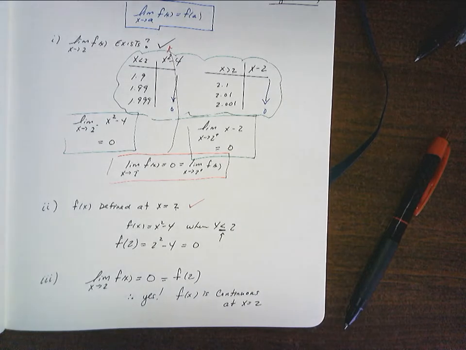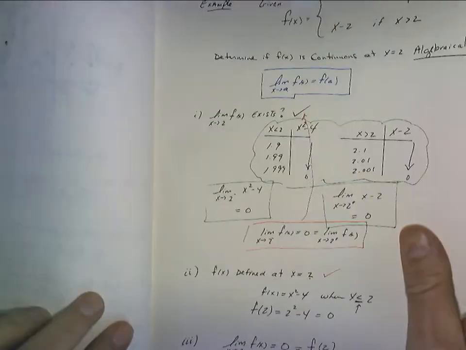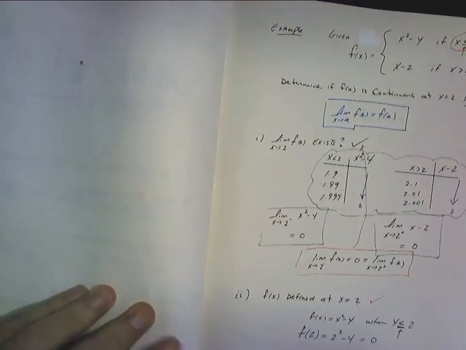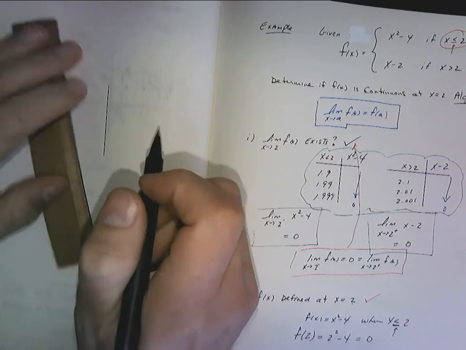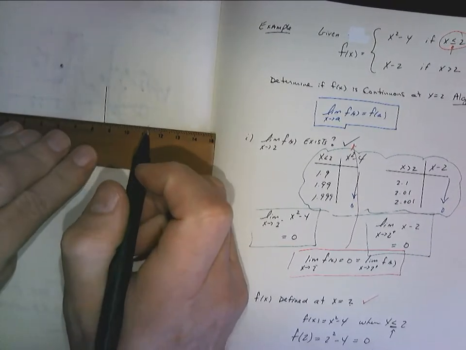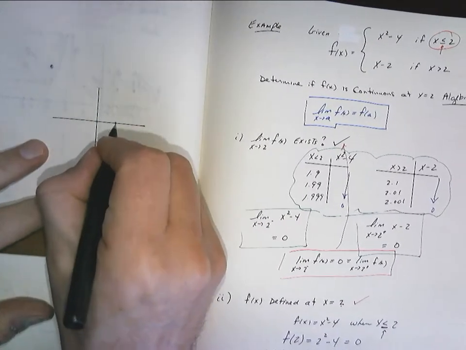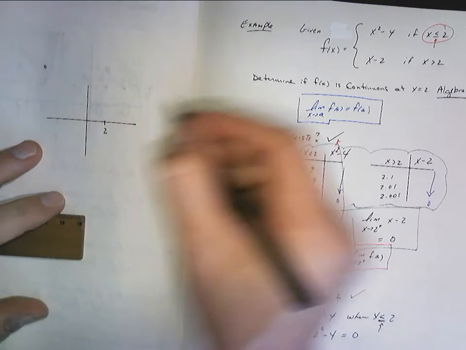And the question's probably going to ask you to be able to sketch these at times. If you needed to sketch this, what you would do is draw your axes. You know that something's going on at 2. You know that both of them equal 0 at 2.